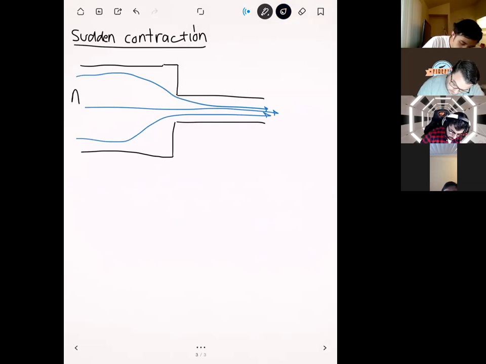On the left-hand side, let's say that the cross-sectional area is A1. And then on the right-hand side, we have a cross-sectional area of A2. This happens quite often in pipe flow, and the most common place is when the flow enters a small pipe from a large reservoir.